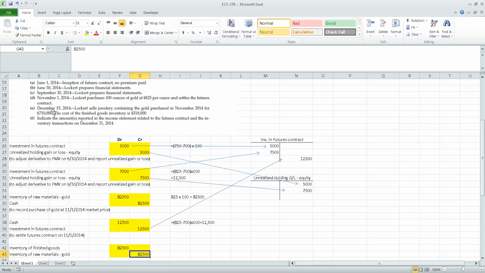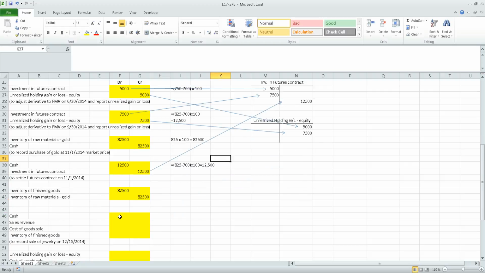Okay, so what takes place on December 15, 2014 is that we sell our jewelry containing the gold that we purchased back here on November 1st. We're told here that we sold that for $710,000, and the cost of the finished goods, the cost of the jewelry that we sold, was $318,000.